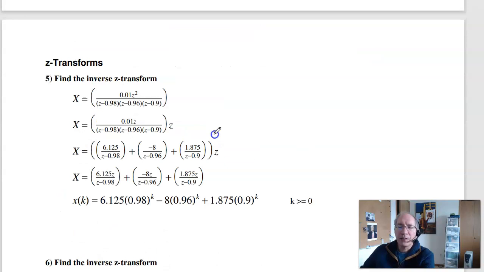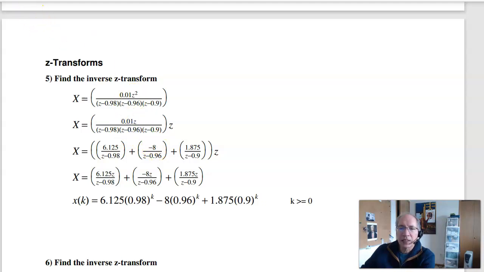Problem 5 looks at a z-transform. If this is X of z, find x of k. To do that, I pull out one of the z's. I'll need that later on when I take the inverse z-transform. Now do a partial fraction expansion. To get the first term, I cover up the 0.98, evaluate at z equals 0.98, and I get 6.125. Next, to find the second term, I cover up the 0.96, evaluate at z equals 0.96, and I get -8.